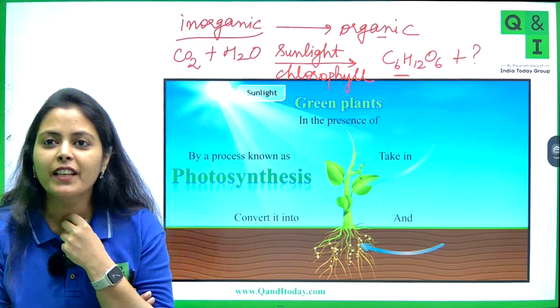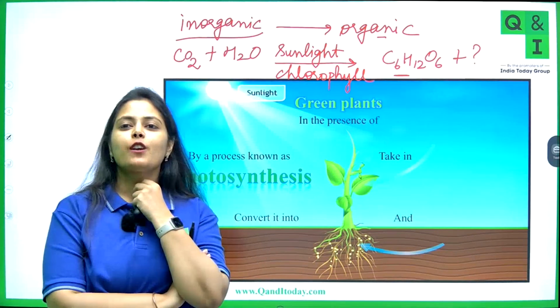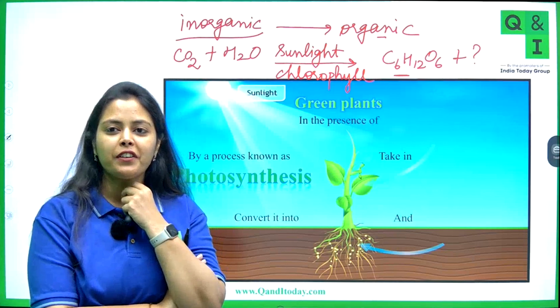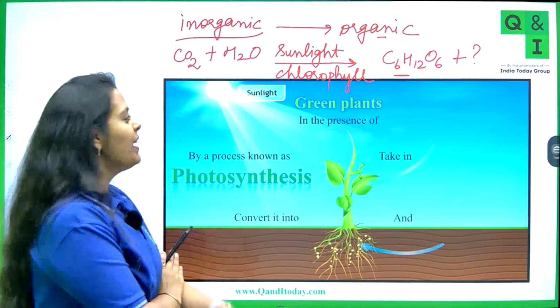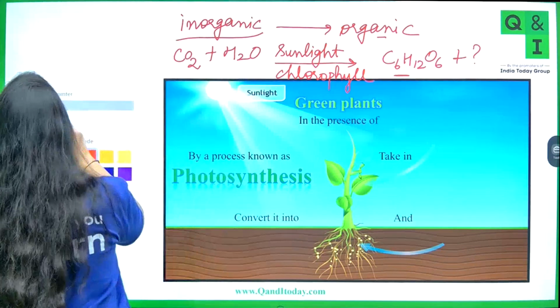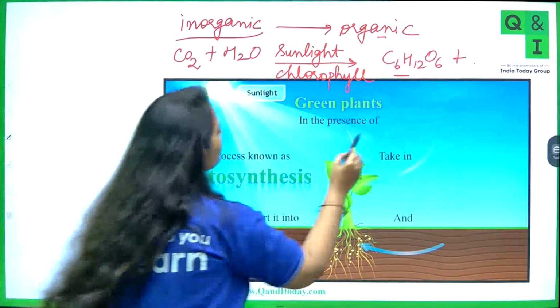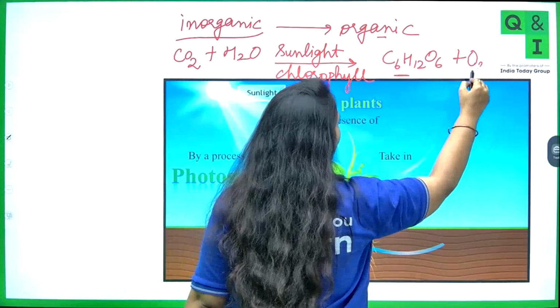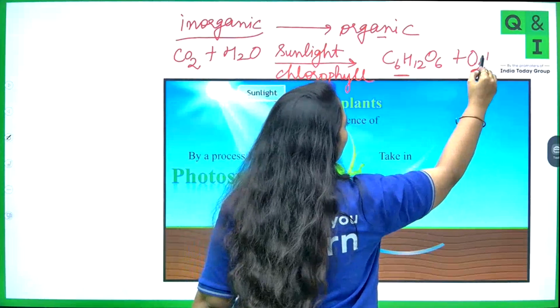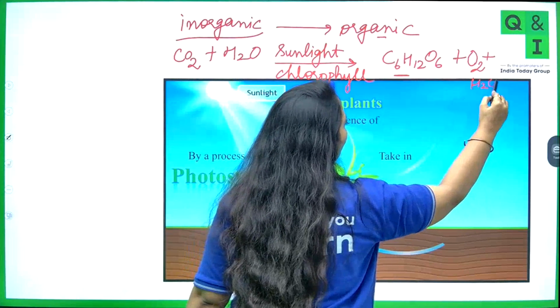Very good, Devi Maya. Very good. Oxygen. Anshita is saying oxygen and water. Very good, Raghavi. Very good. So yes, most of you end this here only. Most of the students which I have seen, they simply write it as oxygen. But no students, there is one more product formed, which is water.